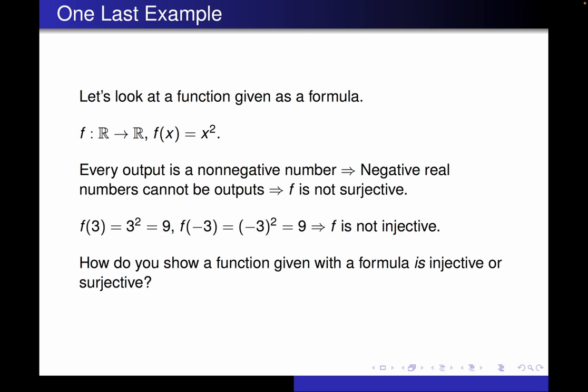For injective, you just look at all the inputs and make sure they all have different outputs. For surjective, you just look at the bottom row and make sure all the elements of the codomain are represented. But when you're dealing with something where the inputs and outputs can have infinitely many elements, that can be a little bit more tricky. Well, you'll get a chance to try that in the in-class activities.